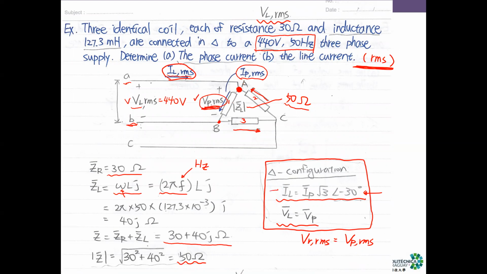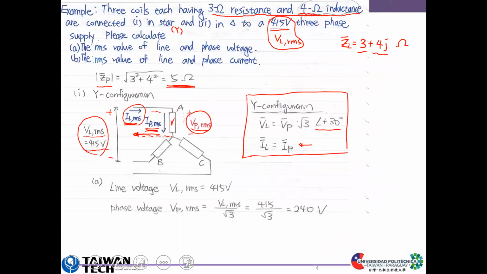So the line current will be the phase current multiplied by square root of 3, but in this case it's minus 30 degrees. So even if you are not given this formula, it's easy to memorize. We derived this formula last week, so if you are interested, you can look at the proof that we talked about last week. But we continue to look at this problem.